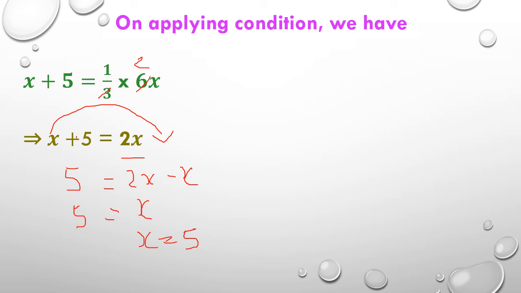But here be careful. What mistake do the students commit? Let me tell you. The very big mistake they always commit is they bring this 2x to this side, and then they write like this, x minus 2x. Then they bring this 5 over to this side, but they only write 5. And then somehow they remember that it was x is equal to 5, and this is how they do everything.